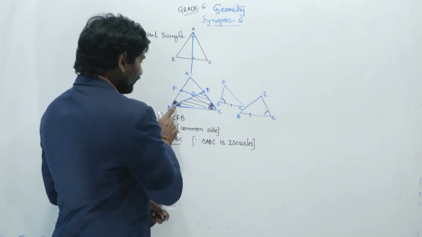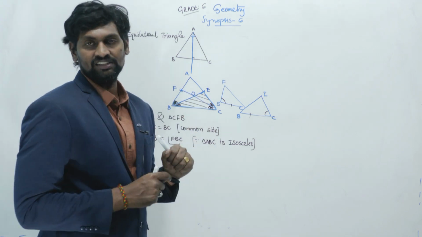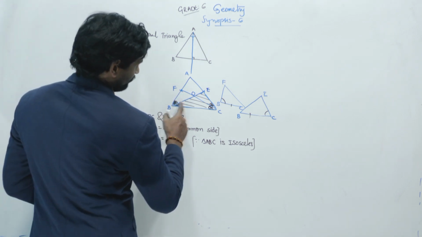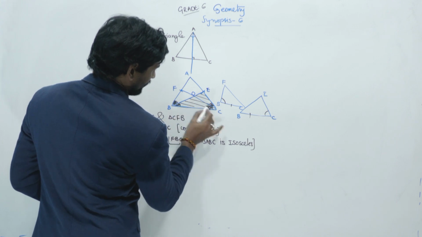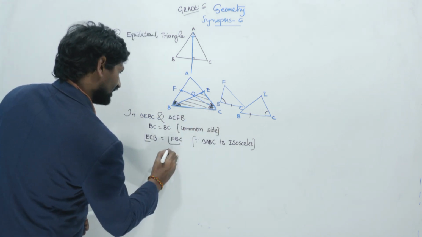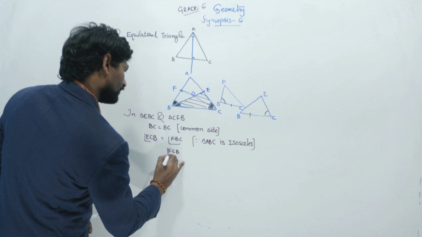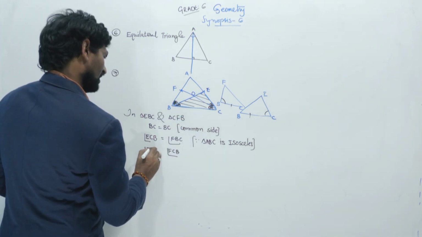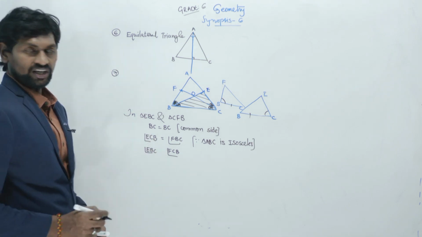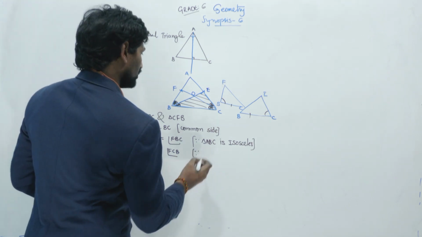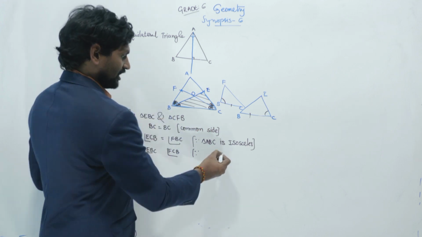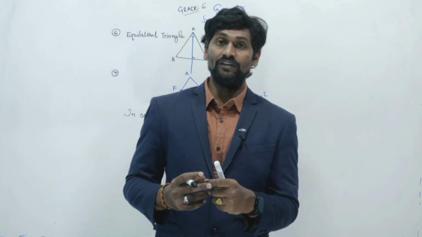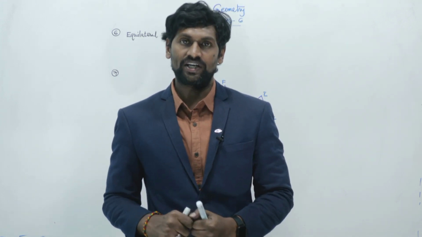If you take half of the angles, 30 and 30, here also 30 and 30, the angles are equal. So angle FCB is equal to angle EBC. Based on the angular bisectors, if base angles are equal, then half of the angles are also equal.